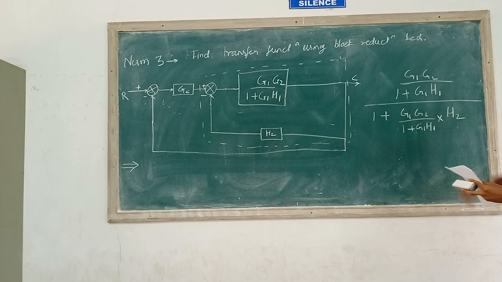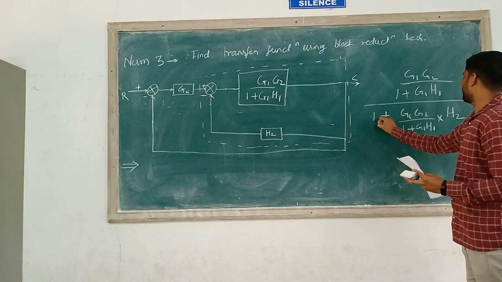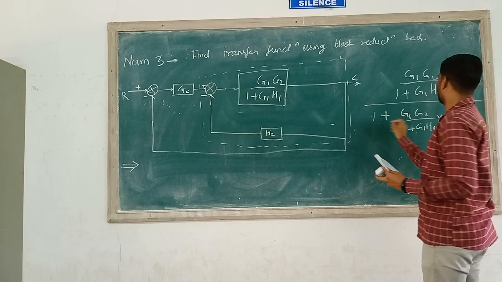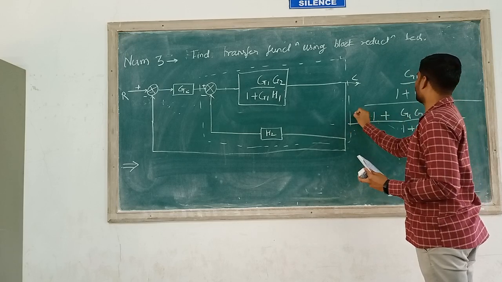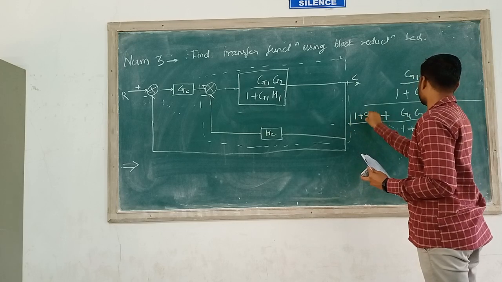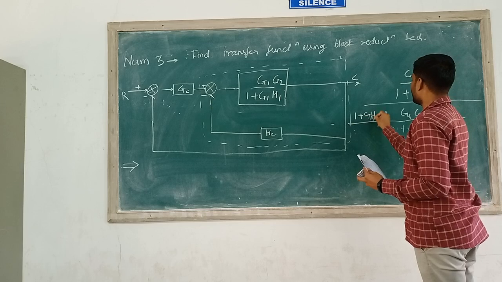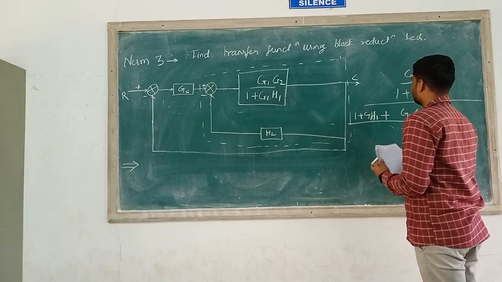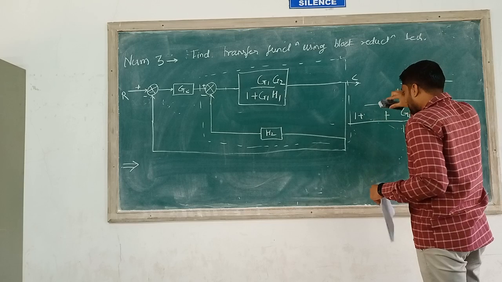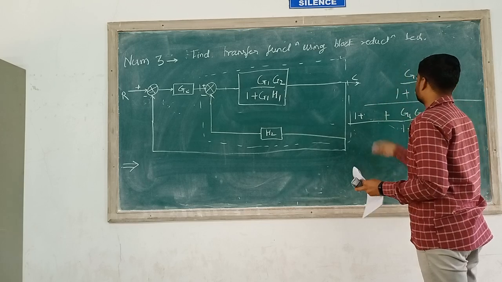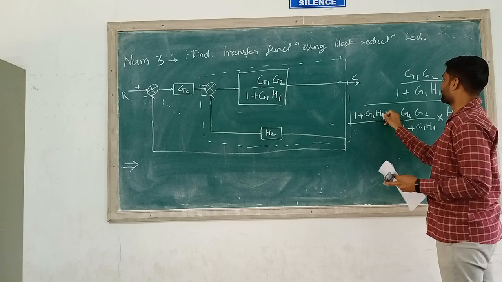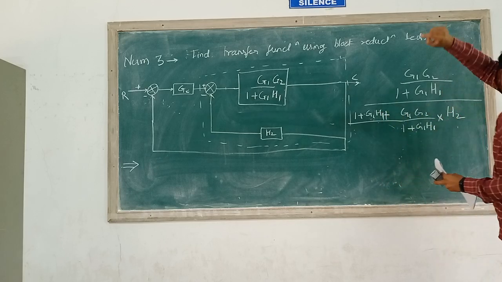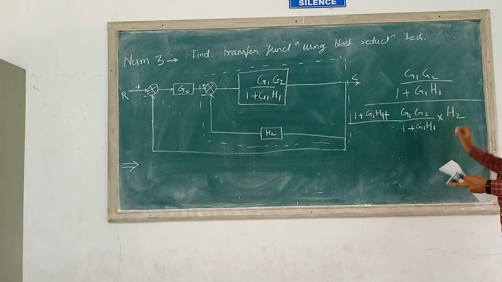Okay. So here, cross multiplication. This complete part goes down. Then it becomes 1 plus G1 into H1, plus G1 G2 into H2.